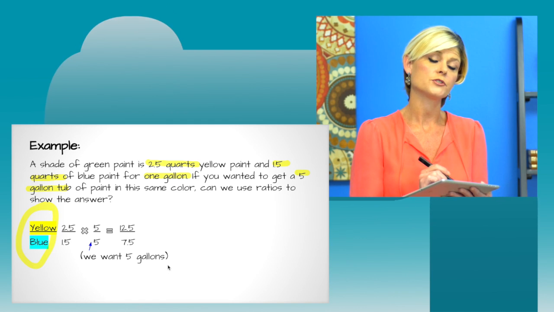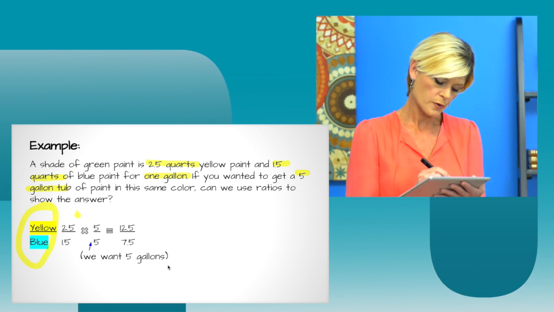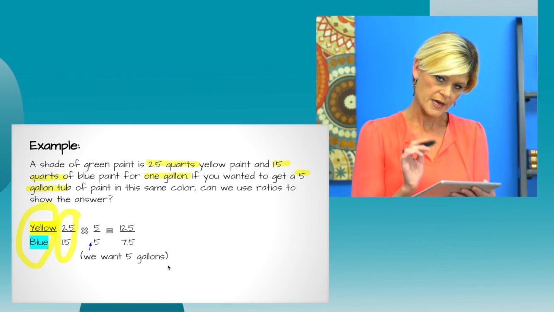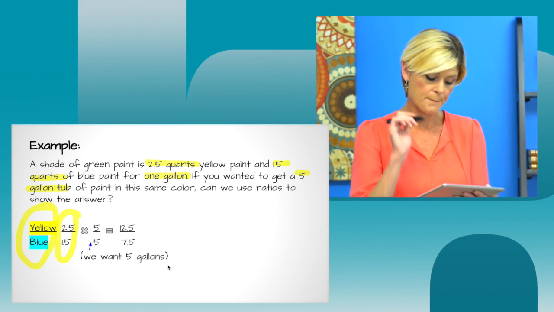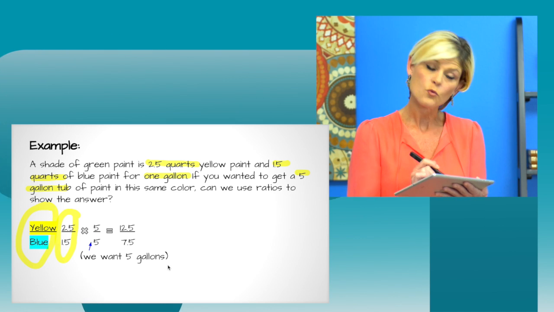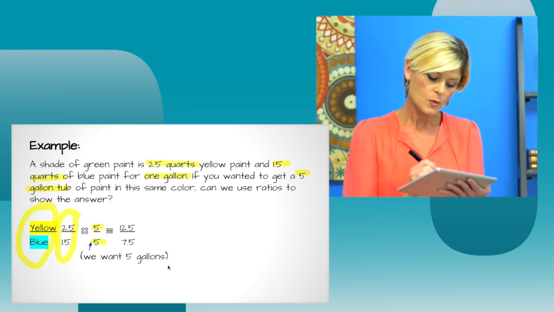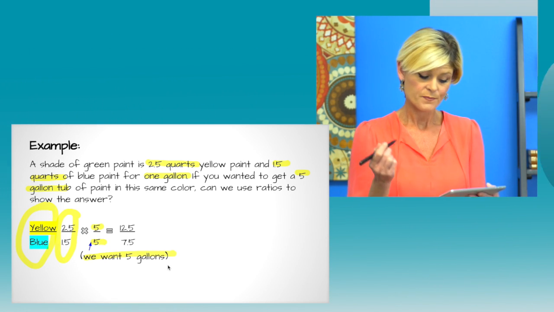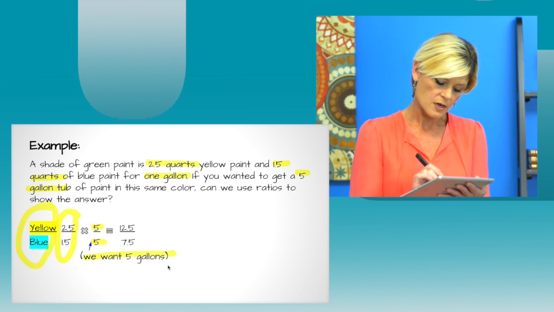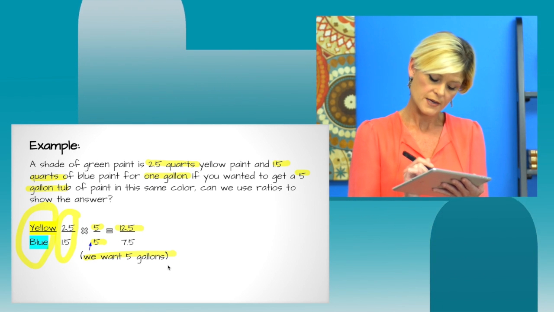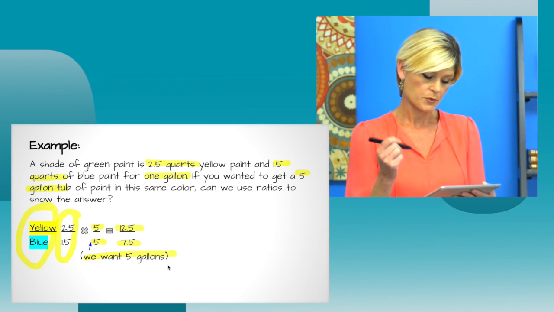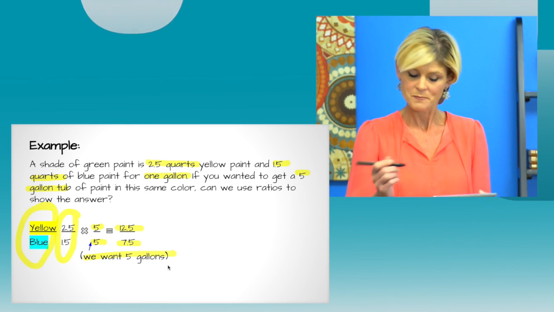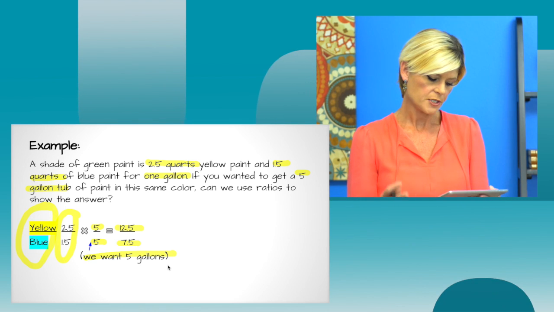Then we'll plug in the numbers that were given in the problem, 2.5 to 1.5. We know that, that's written in the problem. And then what we're going to do is multiply both 2.5 and 1.5 by 5. Why? Because we're ultimately aiming to get 5 gallons. Then what we'll come up with is 12.5 quarts and 7.5 quarts of each yellow and blue paint to get our 5-gallon tub. And that's how we work with ratios.